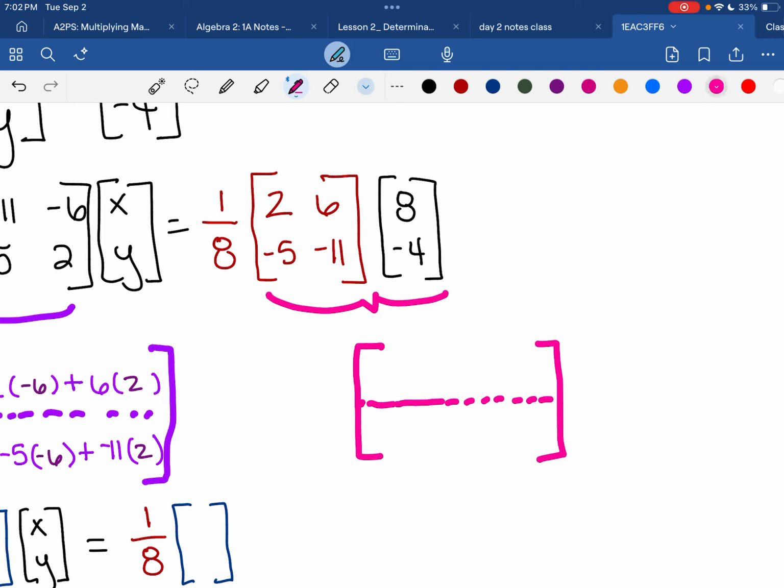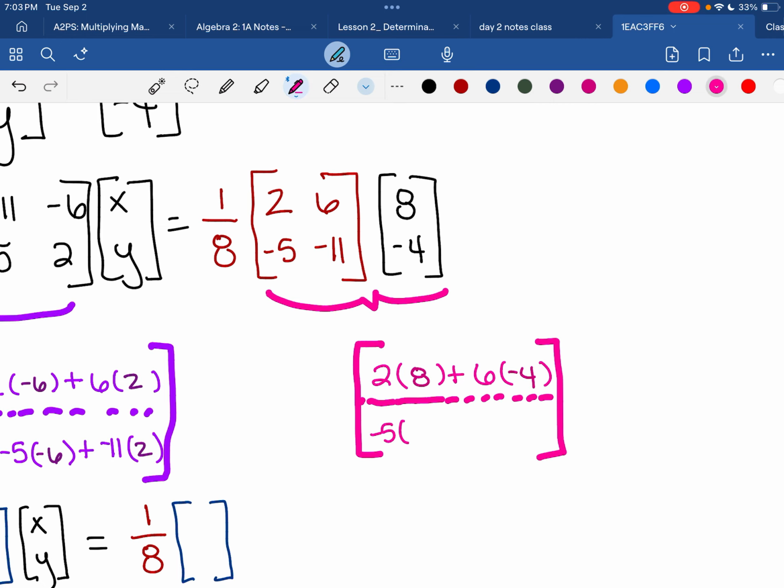So with that, 2 times something plus 6 times something, so row 1, column 1 is going to be an 8 and a negative 4. And then row 2 is negative 5 times something plus negative 11 times something. And that column 1, once again, is going to be an 8 and a negative 4.